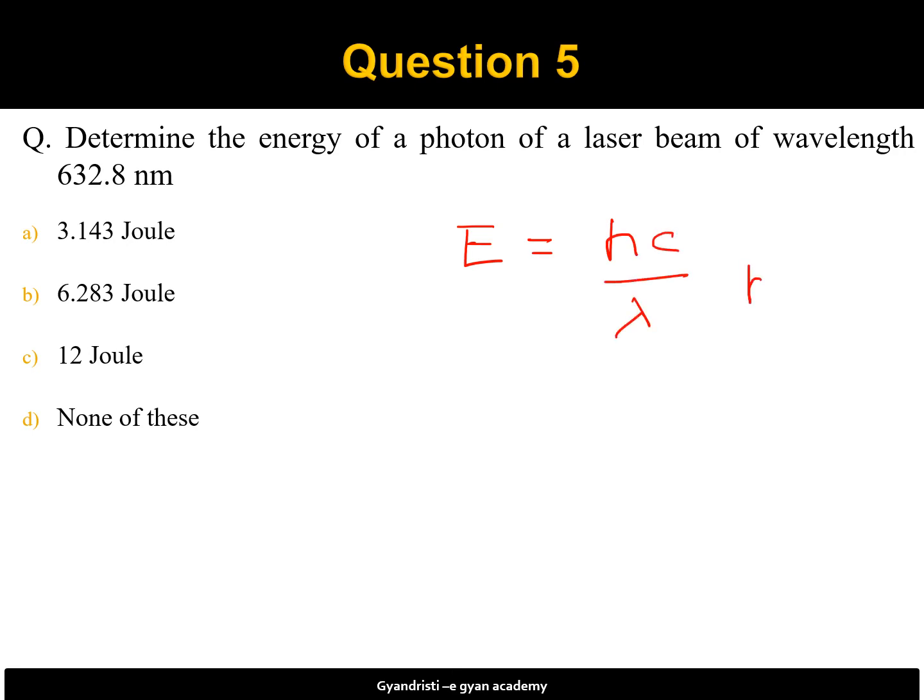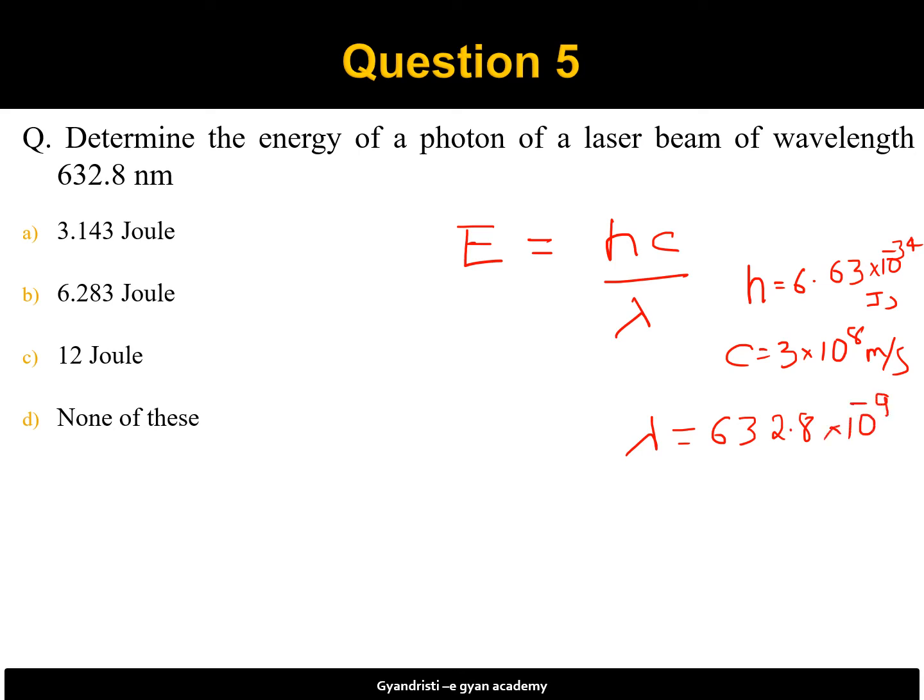Here h is equal to 6.63 into 10 to power minus 34 joule second, and c is 3 into 10 to power 8 meter per second, and lambda is also given, 632.8 into 10 to power minus 9 meter. Okay, so when we substitute h, c and lambda in this expression, we will get E is equal to 3.143 joule. Okay, so the correct option is A.